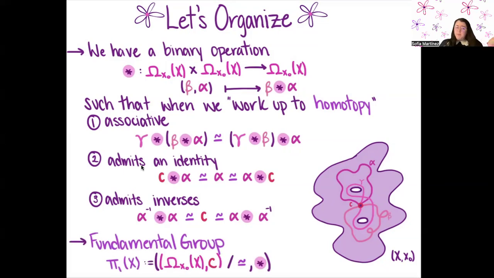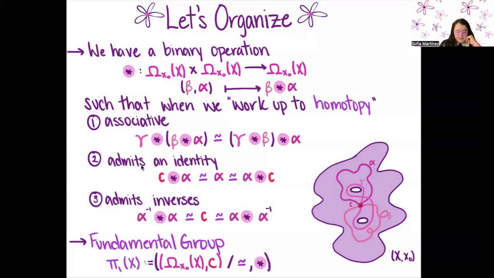I say pi 1 of x is the loop space of x modulo this relation of homotopy, so I associate loops that are homotopic. If I can get a continuous deformation from one to the other, they're going to be in the same equivalence class, as we call it. And the operation in this group is loop concatenation, this loop product that I've defined for you.